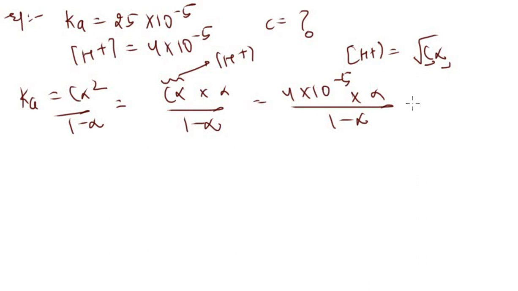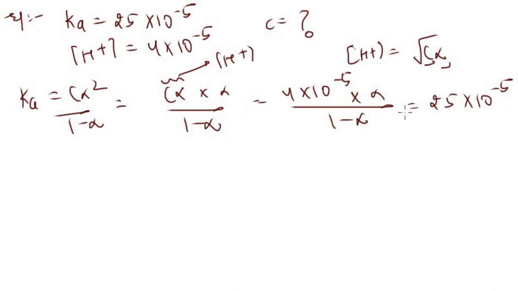And we know the Ka is 25 into 10 to the power minus 5, and H plus is 4 into 10 to the power minus 5.